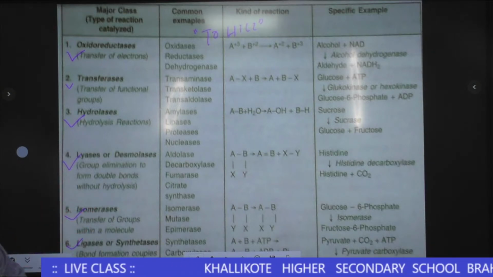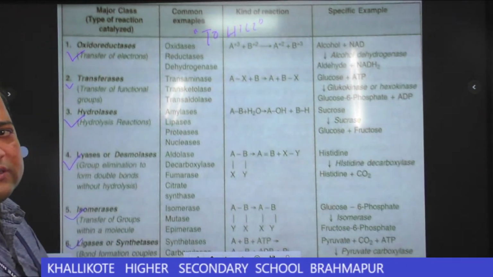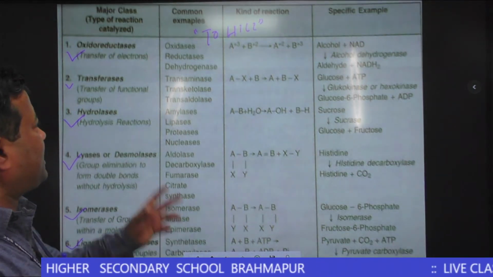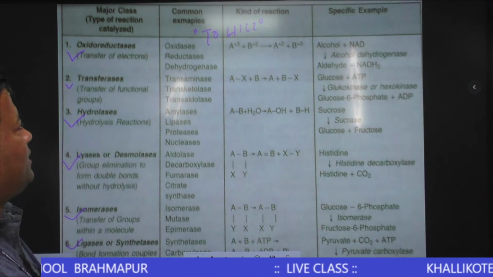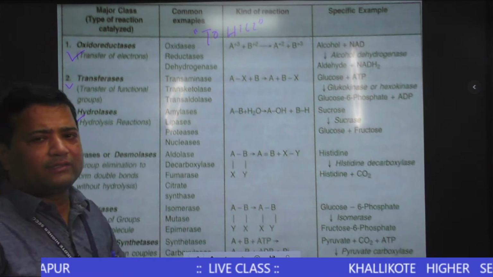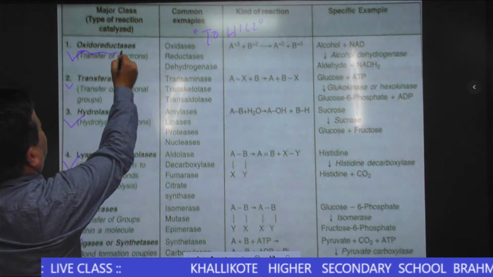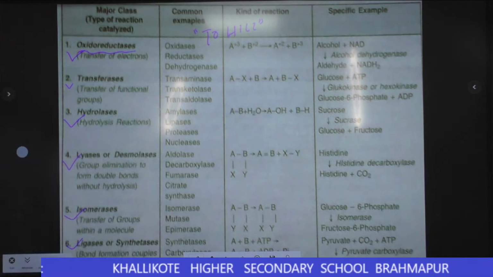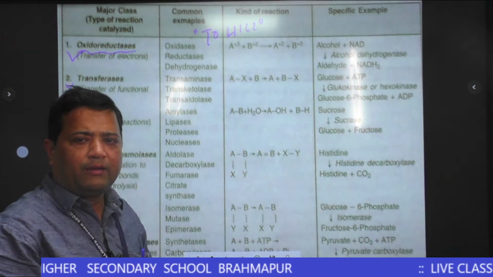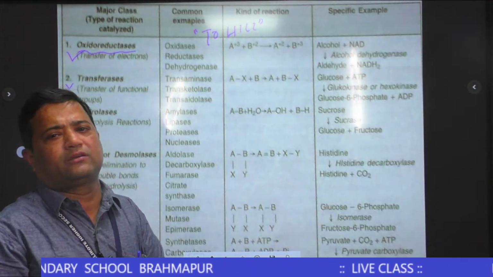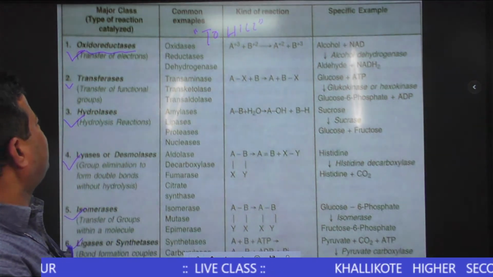According to the International Union of Biochemistry, all enzymes are classified into 6 major classes: transferase, oxidoreductase, hydrolase, isomerase, lyase and ligase. 2 wheel. Class 1 is oxidoreductase. Those enzymes help in oxidation and reduction reactions, so they are called oxidoreductase enzymes.